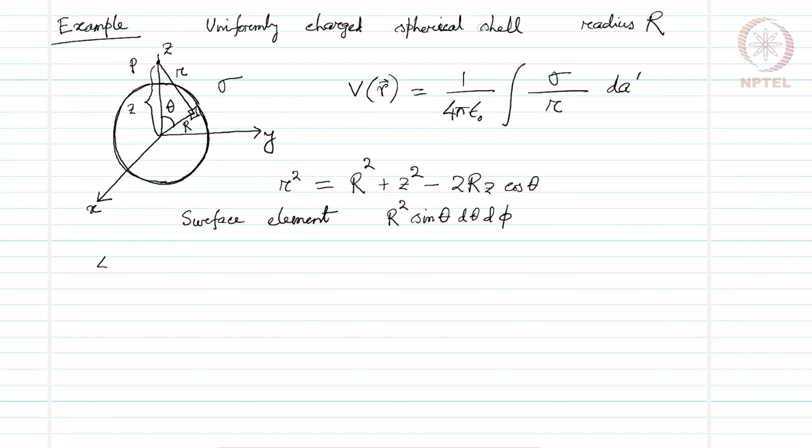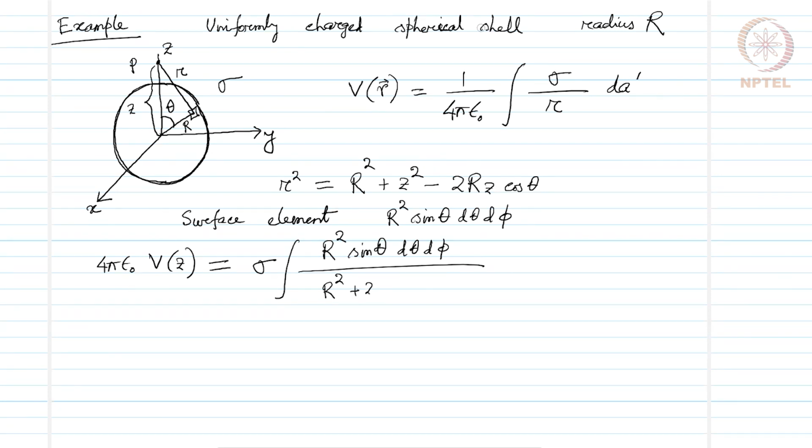With this, our 4 pi epsilon naught times the potential as a function of z only, because we have considered our point of observation on z axis, can be given as sigma comes outside the integral, because we have considered uniform surface charge distribution, R squared sin theta d theta d phi over square root of R squared plus z squared minus 2Rz cosine of theta.